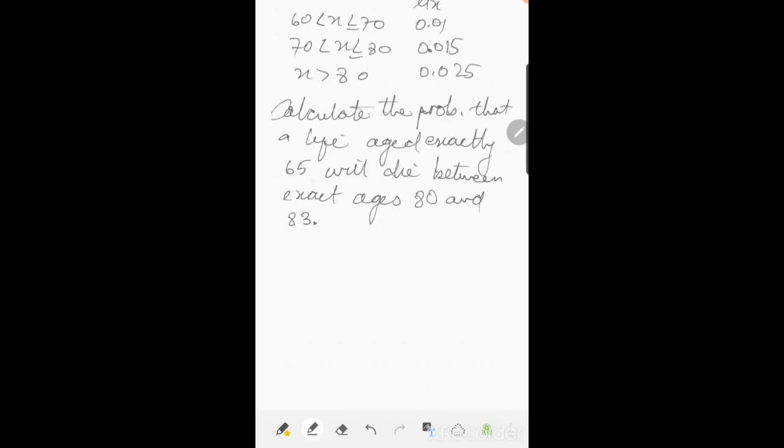Our x in this case is 65. From 65 we need to find between 80 and 83. So we have 15|3 q65. How do you get to 80? 80 is 65 plus 15. So this is 15 and 3 here. This 3 is the range from 80 to 83.